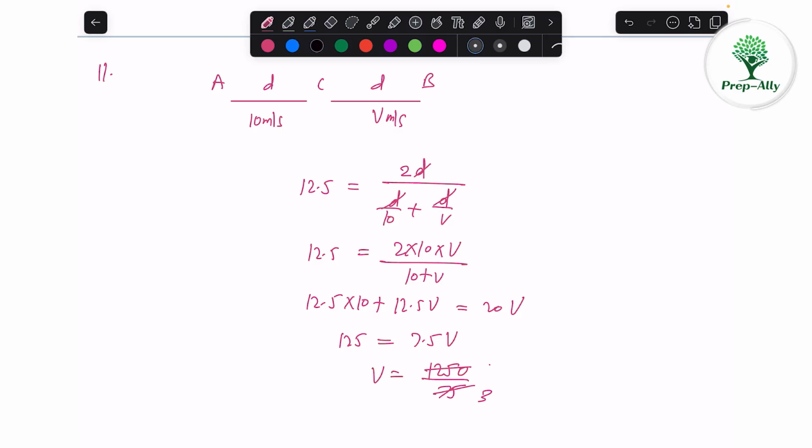So 25 threes are, and this is 50. So the speed for motion from C to B will be V is equal to 50 by 3 meter per second. So option number C is correct.